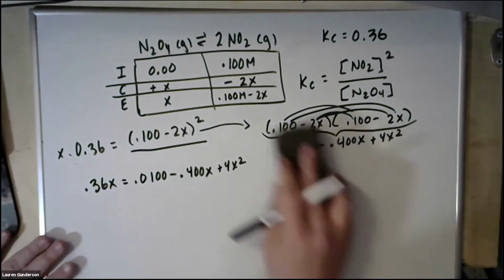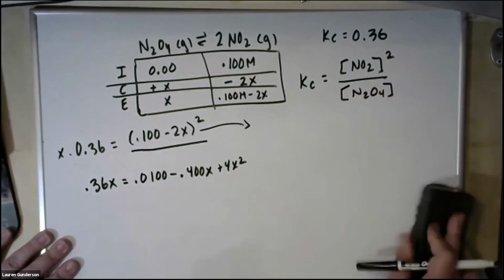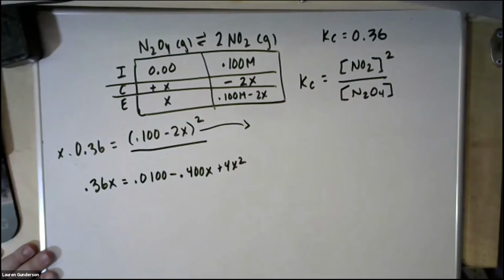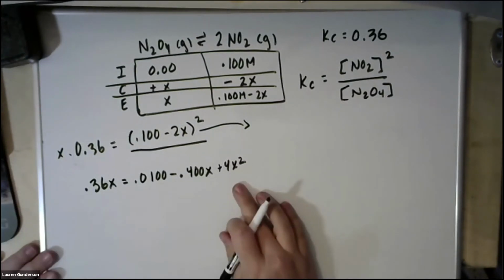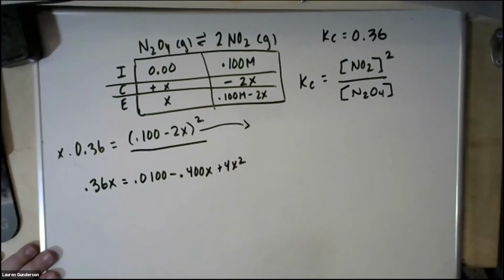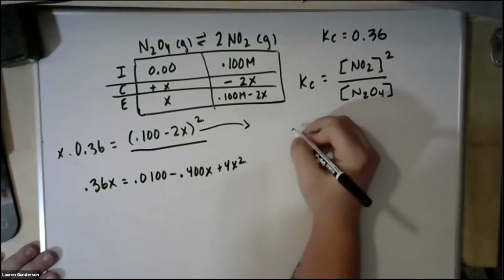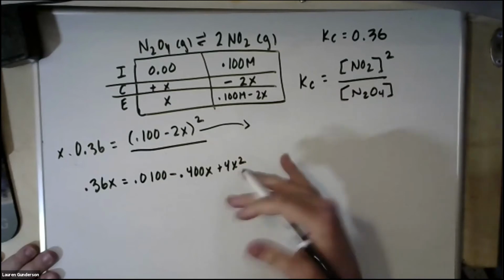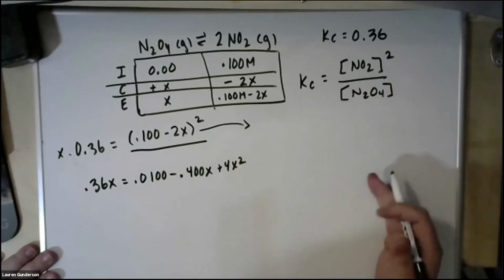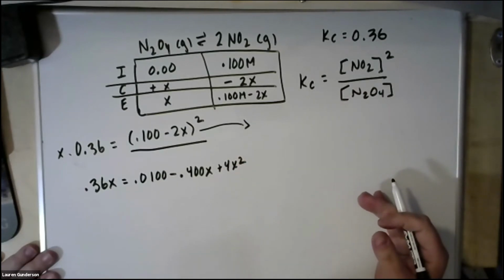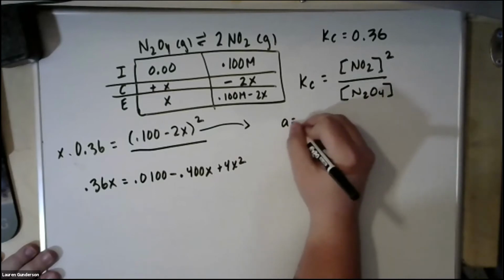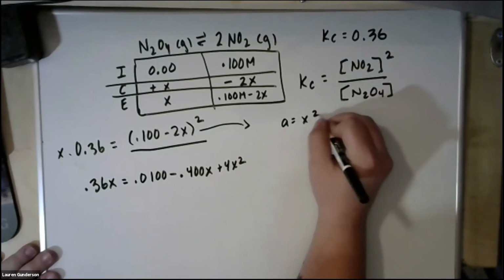I'm gonna erase this part so we can write a few more notes down over here. What this is setting us up for is solving for the quadratic. And remember that for the quadratic, we need three variables, a, b, and c. Our a variable is going to correspond to our x squared value.